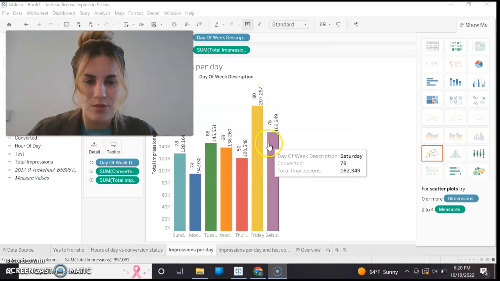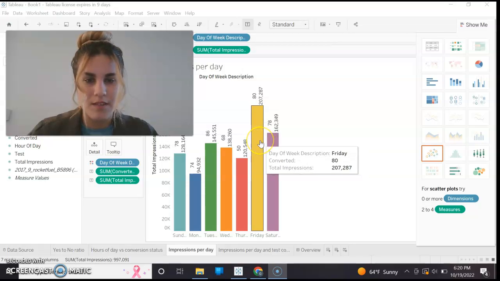I wanted to see the ratio between the total number of impressions and how many people converted. The day that had the most impressions, 207,287, only had a conversion of 80.